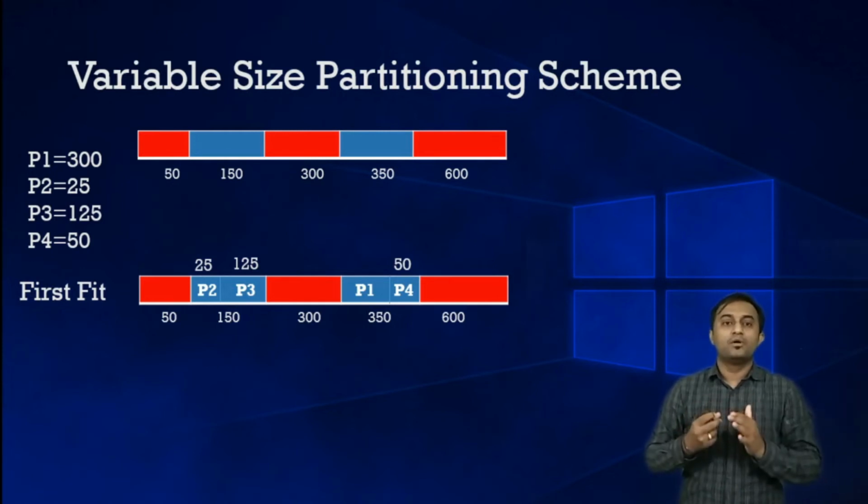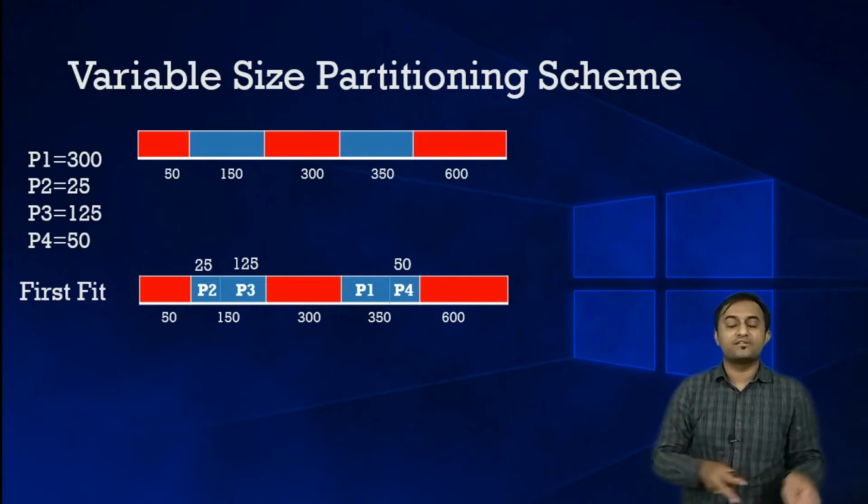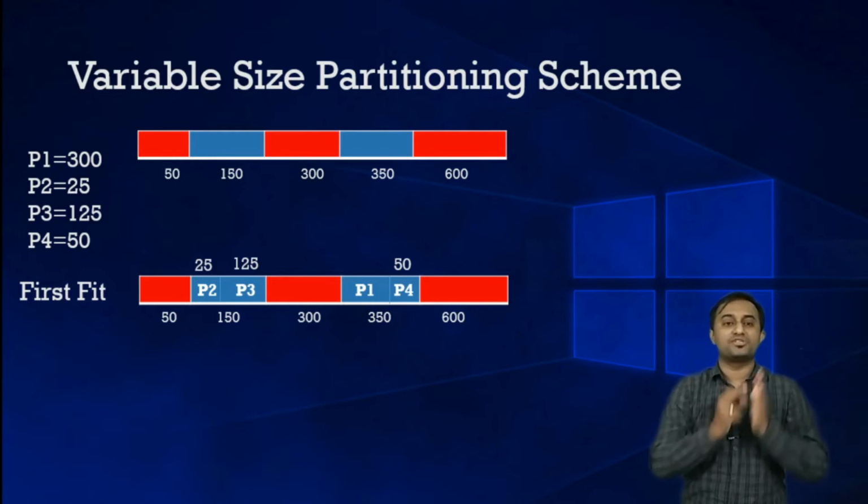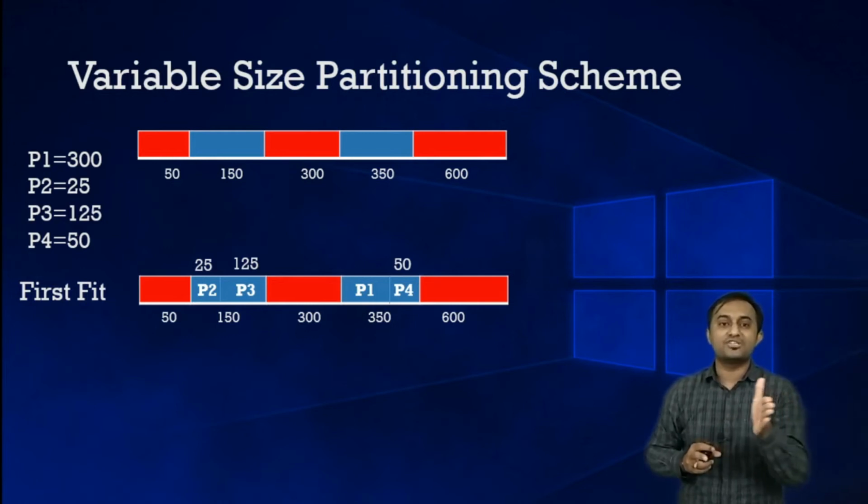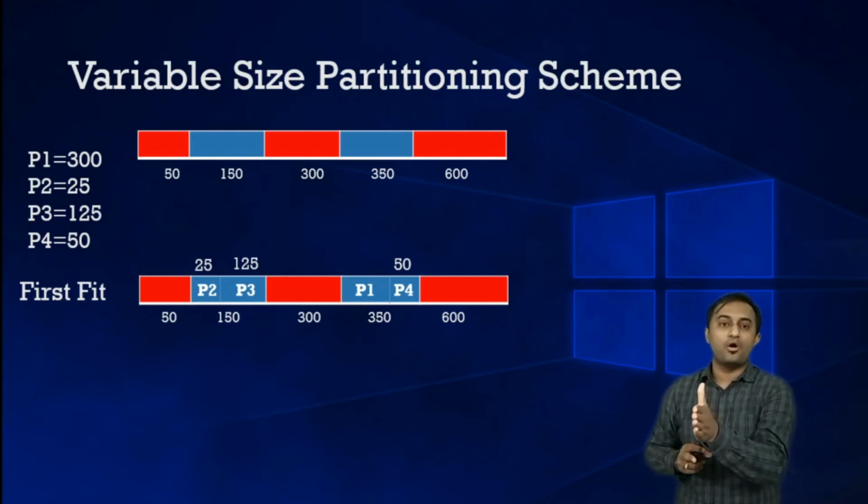Now the next request came, which is P2. P2 requires 25 KB of size. Again, the first fit algorithm will start from the initial position and search for the first capable enough block.